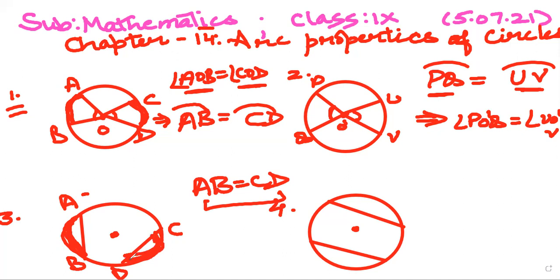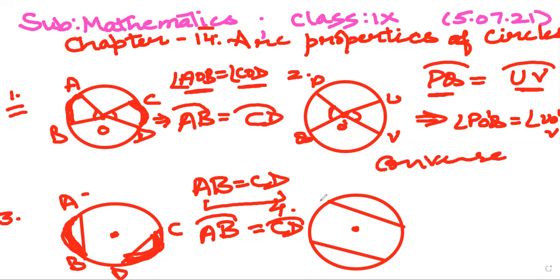So in a circle, if two chords are equal, then they cut off equal arcs. Is it clear, children? Now let's do the converse.